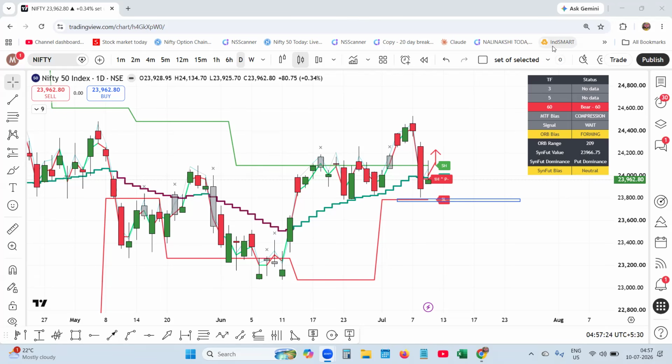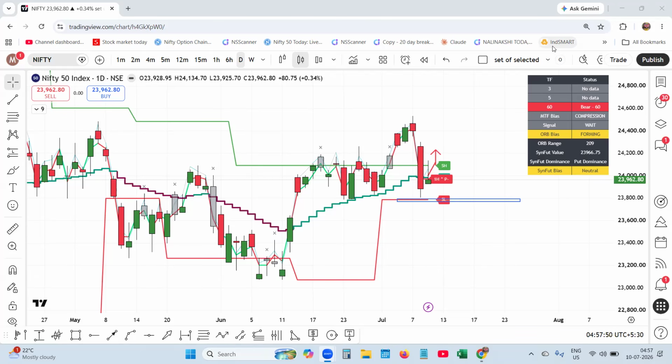Synthetic future and short covering rally. This is one of my favorite uses. Suppose the market opens weak and retail traders start buying puts. Fear increases, put premiums expand, but synthetic future refuses to break morning lows. Instead, it keeps forming higher lows.